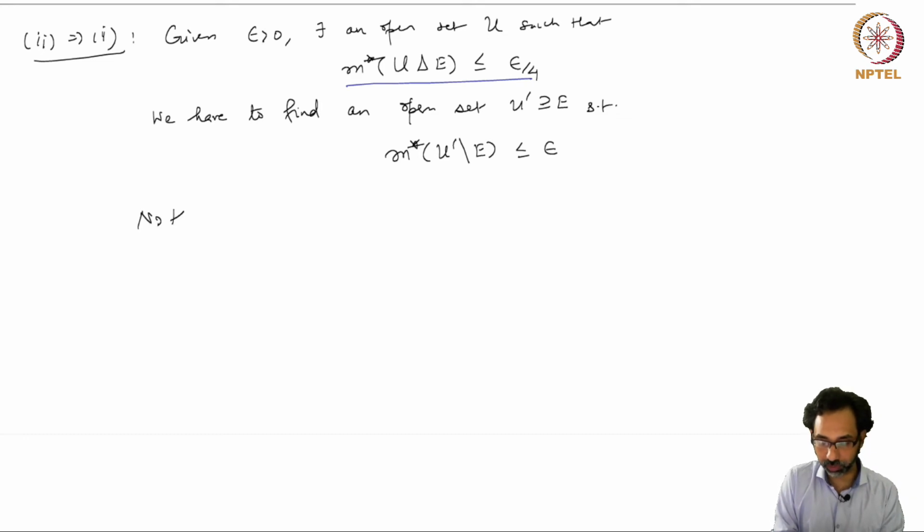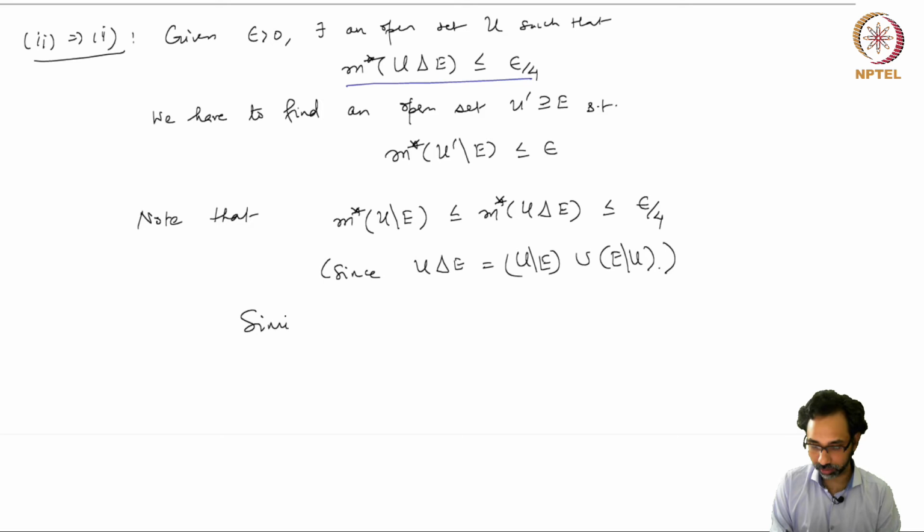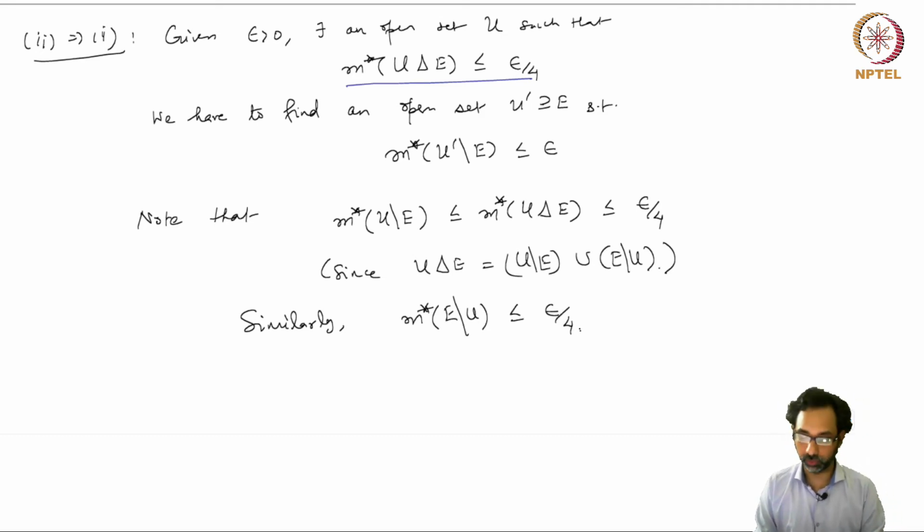So note that m star of U minus E is less than or equal to m star of U symmetric difference E, which is less than or equal to epsilon by 4, since the symmetric difference is the union of U minus E and E minus U. Similarly, m star of E minus U is also less than or equal to epsilon by 4.